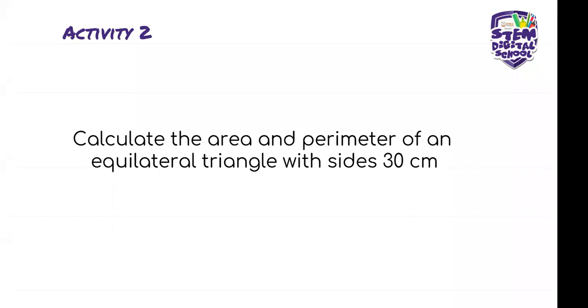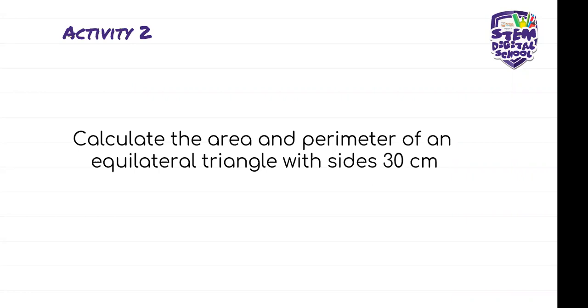Since we have defined the perimeter as the distance around the edge, it simply means you will walk around the triangle if you want to know what the distance is, the distance around the edge. Alternatively, you can just add the three sides together, and the final answer that you will get there will be 90 centimeters.